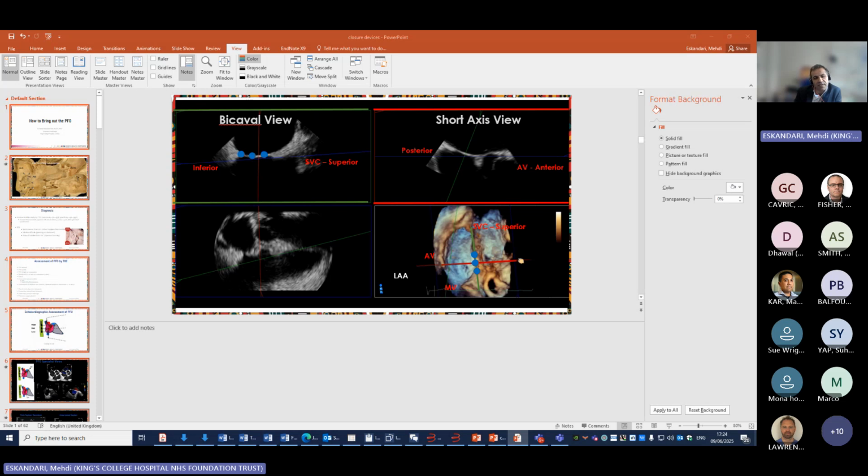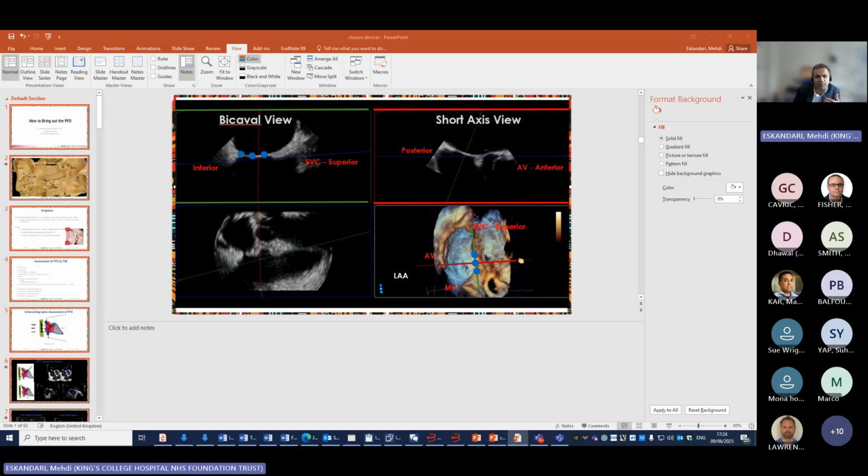But the green line, which is the SVC, and anatomically called superior and inferior, it doesn't really translate into the superior, inferior to the mitral valve and aortic valve. In fact, that terminology of superior and inferior is anatomical alongside the body.